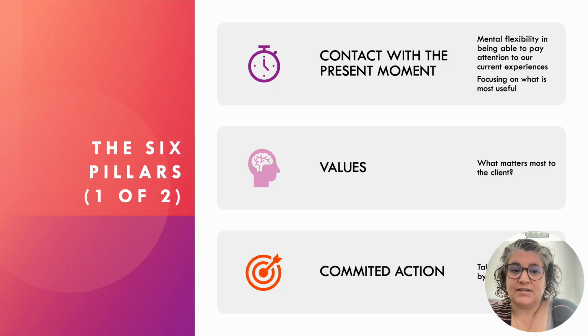For example, is it more useful to use our energy and focus on the anxious thoughts and feelings? Or is it more useful to acknowledge that those anxious thoughts and feelings exist and focus on what's happening around you?